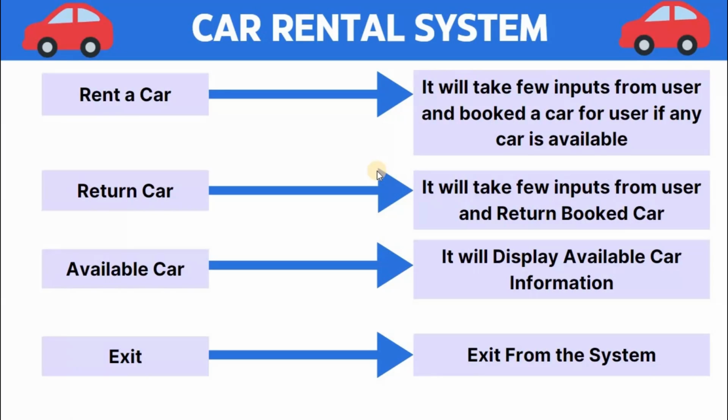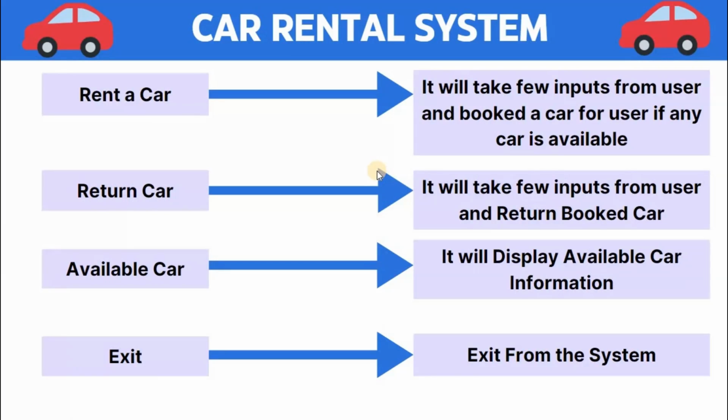For renting a car, the main thing is that the car should be available, right? If I'm trying to rent a car but that particular car is not available, then you are not able to book it. So this is some logic we need to build into our system, some basic validation, and based on that it will book a car.